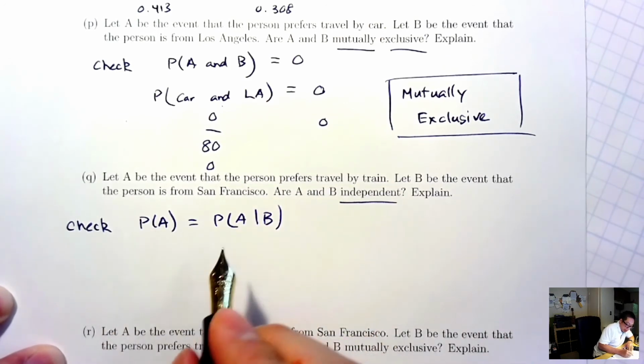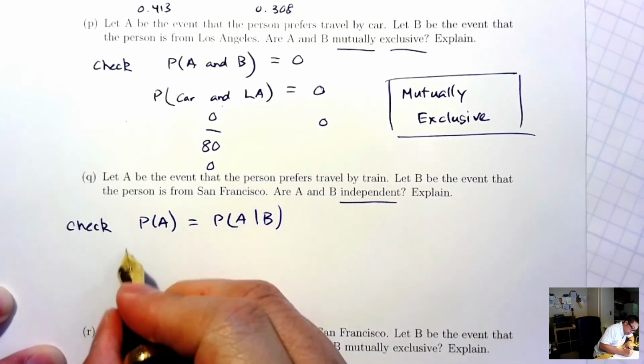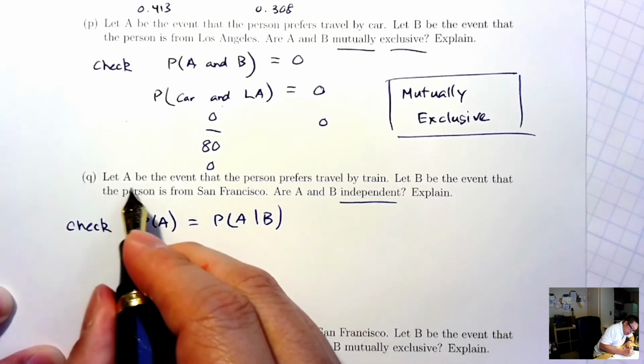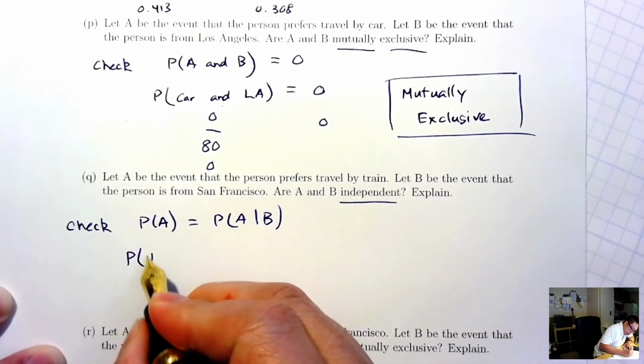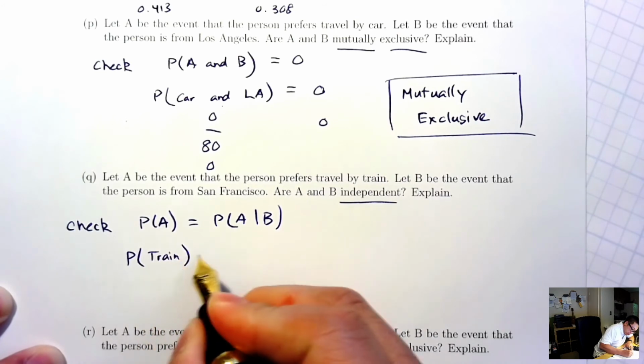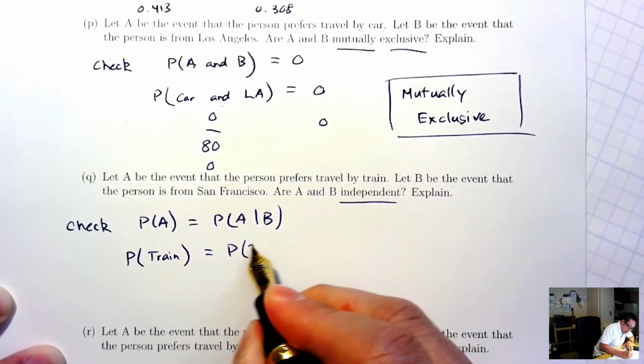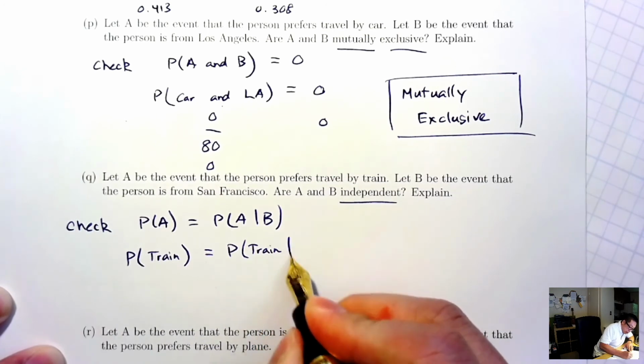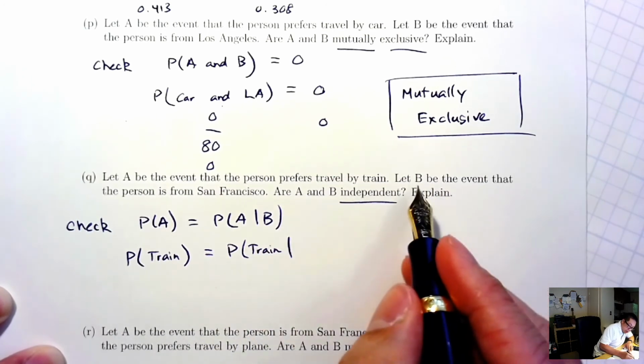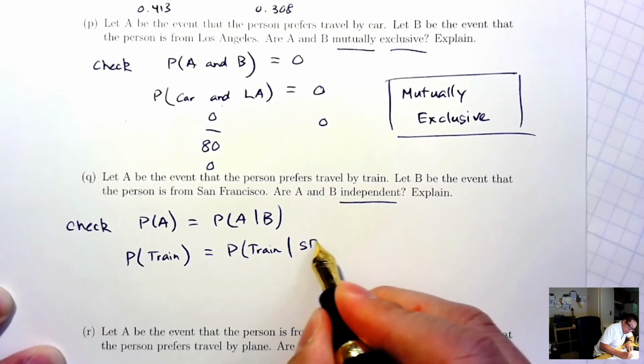All right, I'm going to replace A and B with what we're talking about in this problem here. A is train. On the right side, it's A given B, so that's going to be train given B was San Francisco.